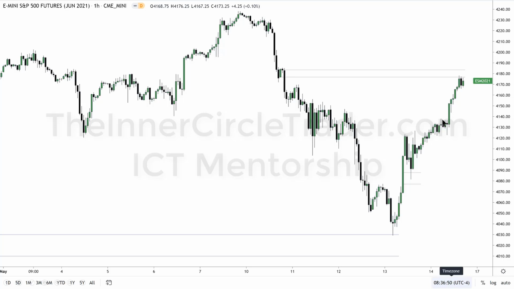So it trades to that after trading back down into consequent encroachment of a 15-minute fair value gap that was part of this buy side imbalance, sell side inefficiency on the hourly chart. I'll take you through the whole thing, but for now, just take a look at the sensitivity of there to there.